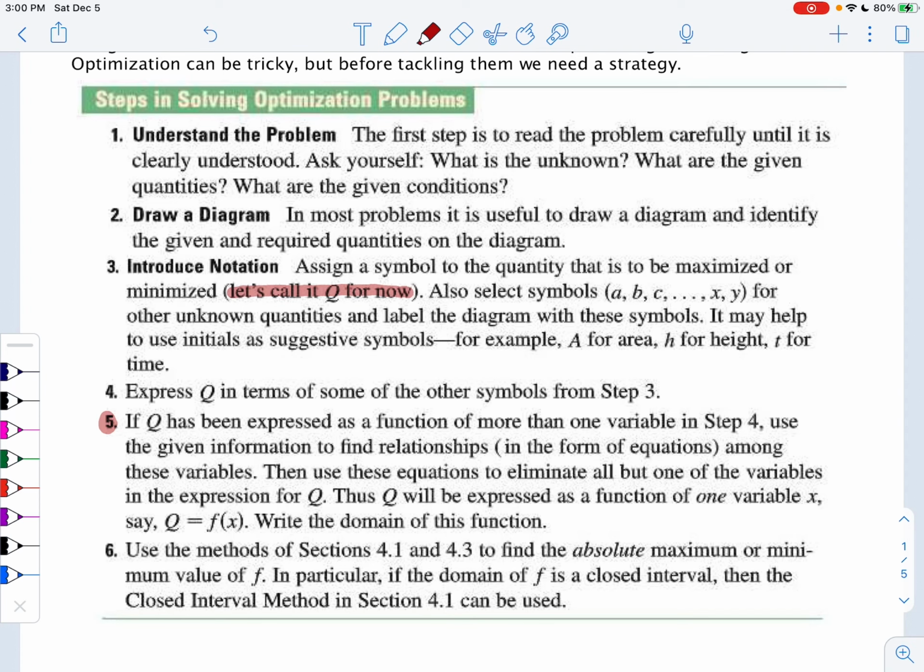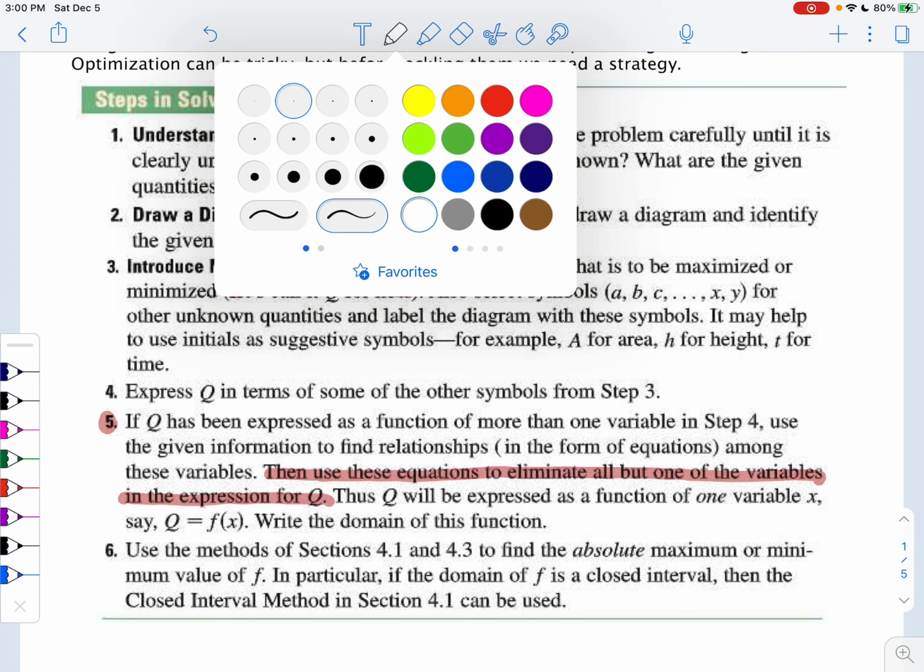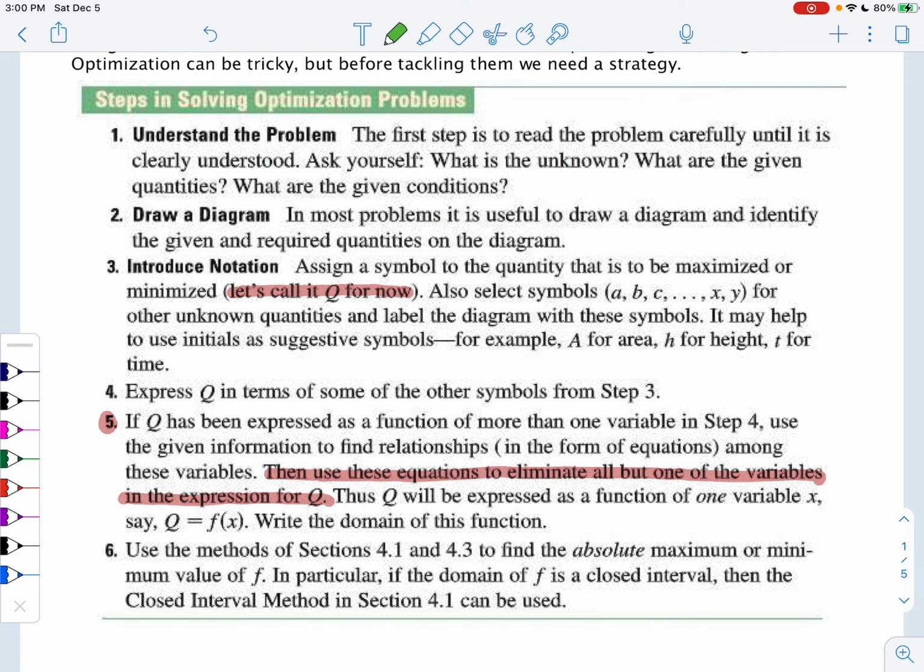So we want to definitely eliminate all but one of the variables. I usually call these the constraint equations. Oh, I did a different color. So you want to use your constraints in order to convert your optimization equation into one variable.